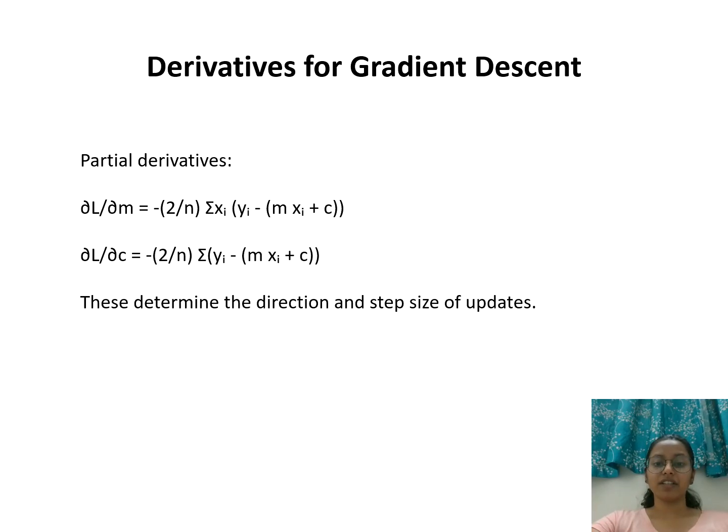If it's negative, it means increasing m will actually reduce the loss, so we adjust accordingly. This is how gradient descent learns, by constantly checking how much loss changes for each small tweak to m and c. In simple terms, derivatives are our sense of direction, helping us find the path downhill towards the lowest loss.